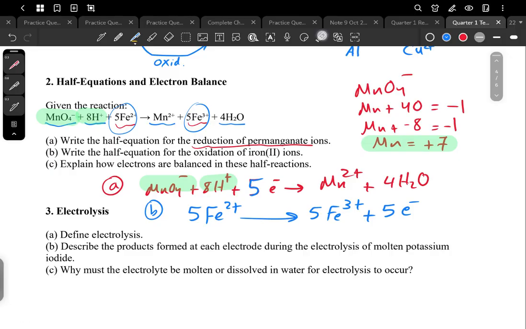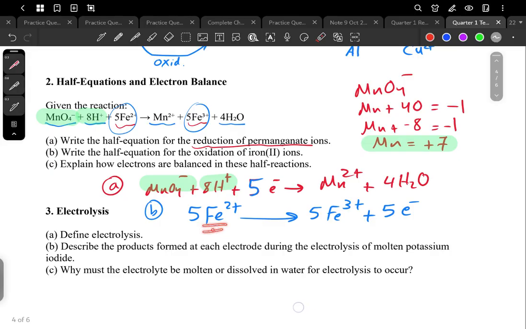How do I know it's 5? Because when the iron has 2 positive charge, it means it already has lost two electrons. When it turns from positive 2 to positive 3, each iron atom loses one electron.